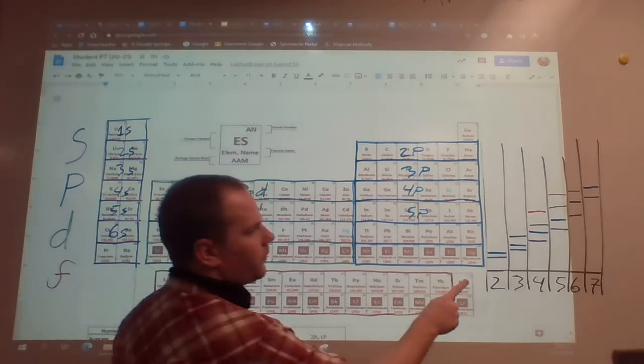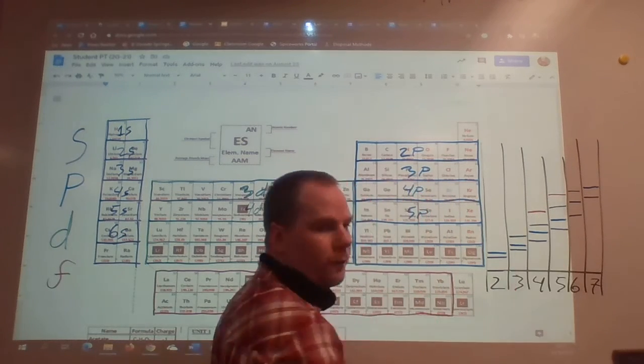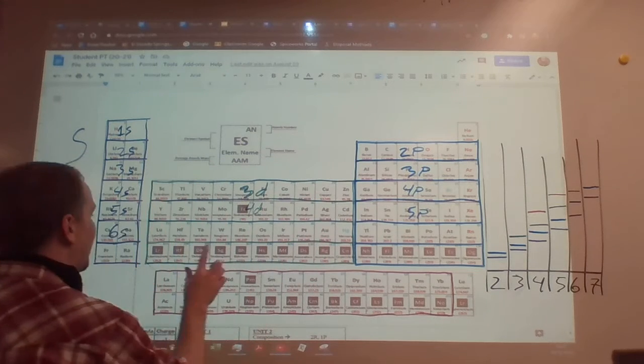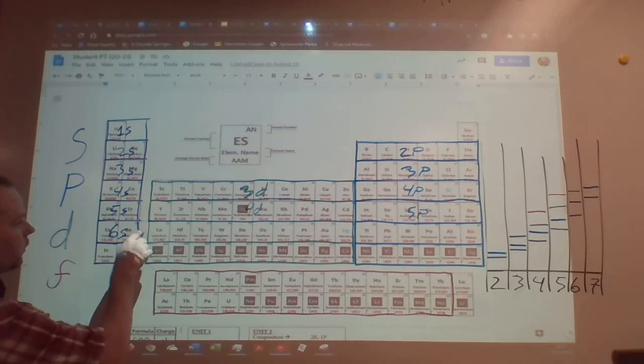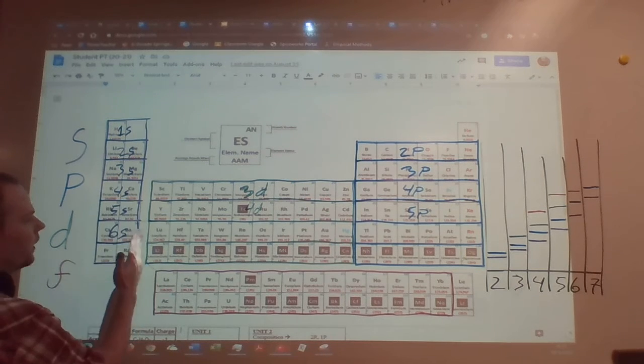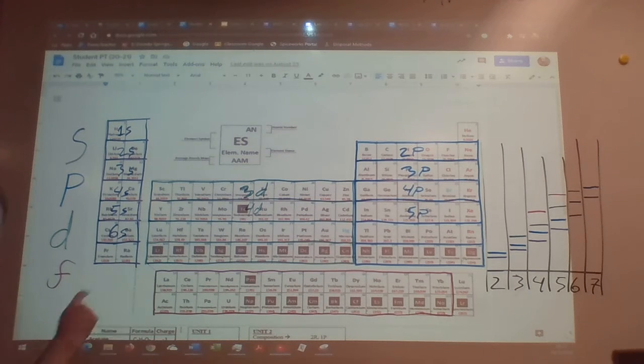Now, after 6s, we go all the way back to 4 for our first F subshell. And remember, this is where the F block goes. It goes between this spot here and this spot here. So we go from here down here.